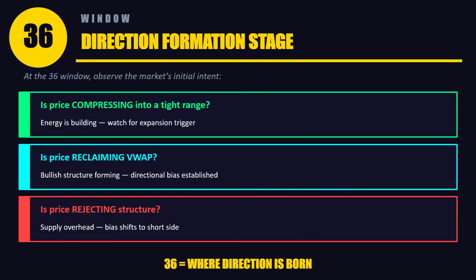You get the morning layers, and also pivot strength, rolling pivots, and moving averages also. I've taken care of everything in this indicator. So you get to know what is happening at the 36 time window.